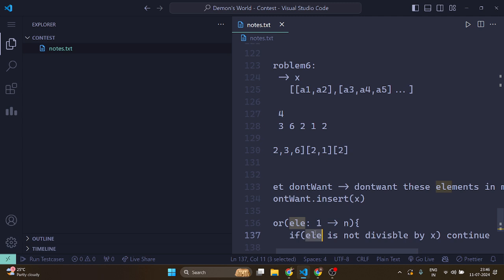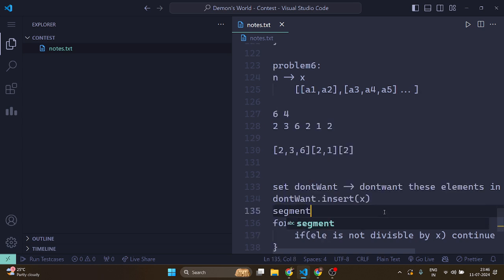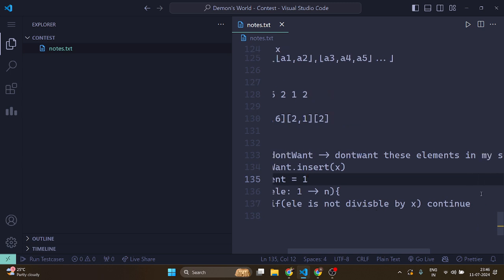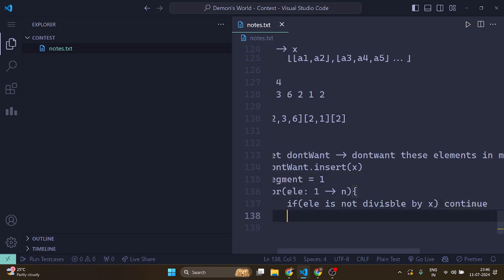No new element will make it divisible by x. So if the element is not divisible by x, nothing multiplied by this element will ever bring you x. So we can always include it in our current segment. Initially let segment be 1, because we consider the whole array as one segment initially. We don't need to divide it anywhere. So include it, no problem, go ahead.